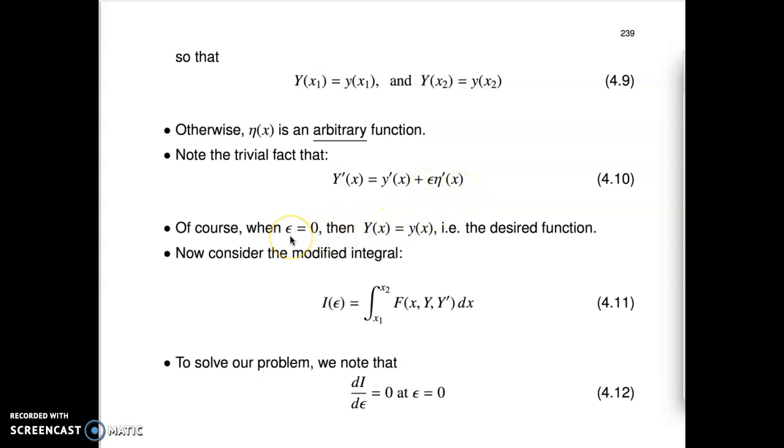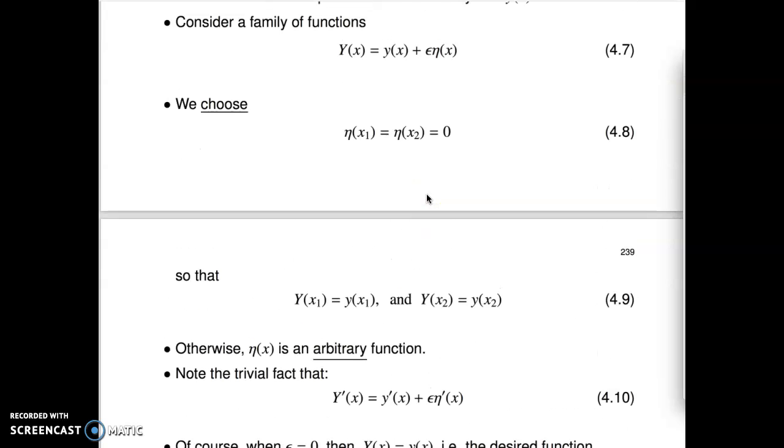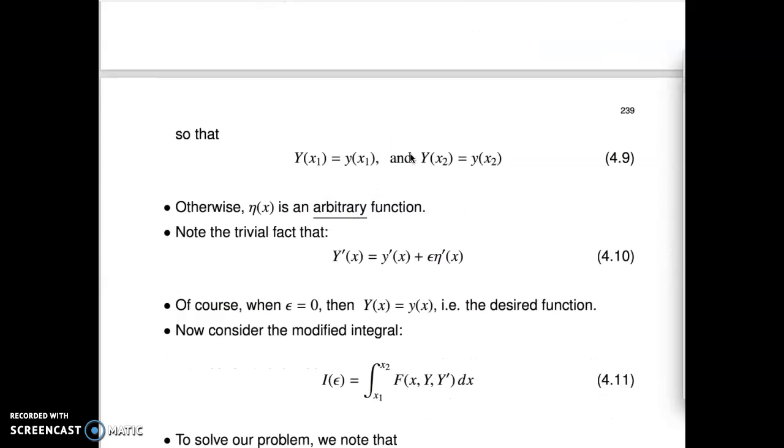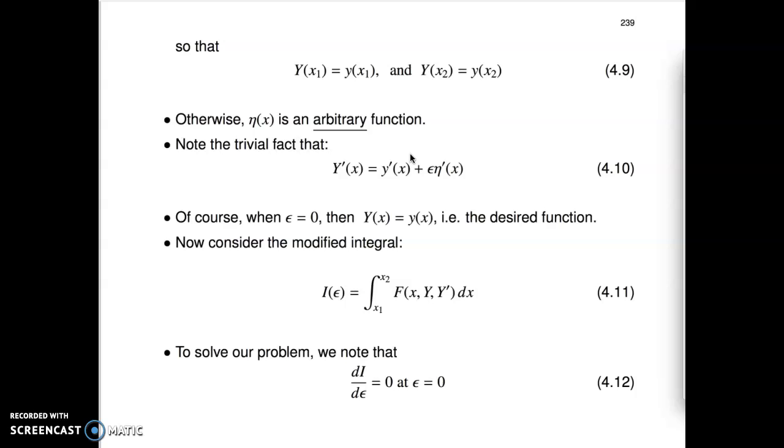Now note that when the parameter epsilon is equal to 0, big Y is equal to little y. That's trivially obvious just from equation 4.7. When epsilon is equal to 0, big Y is equal to little y at all values of x, not just at x1 and x2. Okay, so let's remember that.